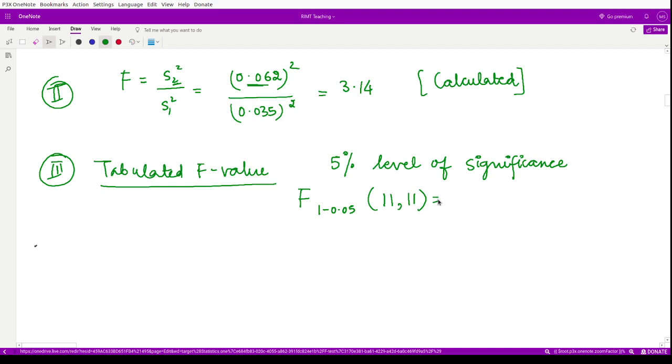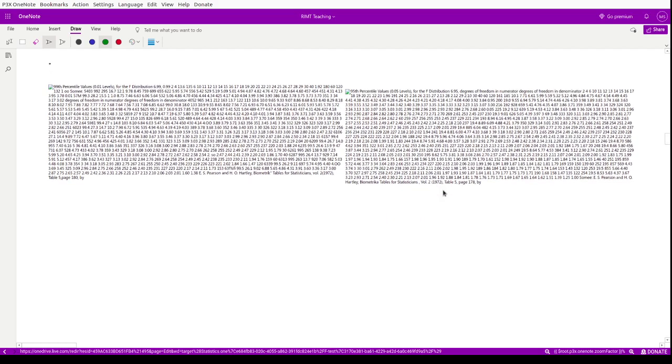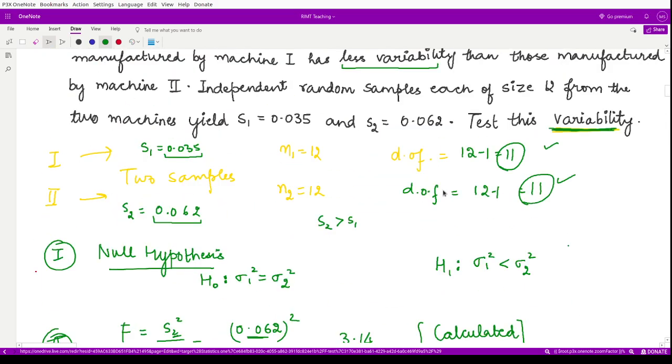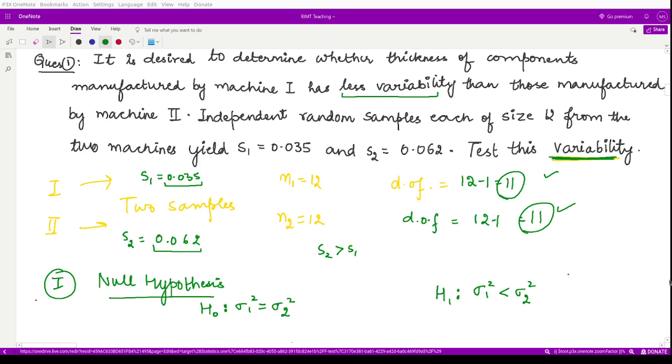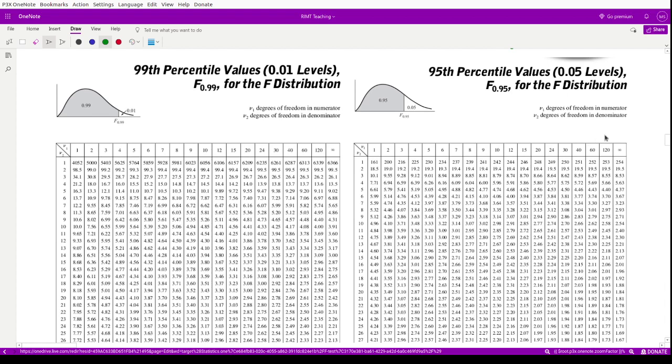For that we will have to refer back to the table. These tables are most of the time available to you very easily. I have also written down the tables here. For 5% level of significance, we will refer to this table. Our first degree of freedom is 11 and second degree of freedom is also 11.